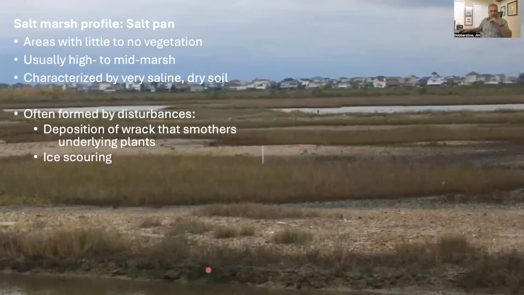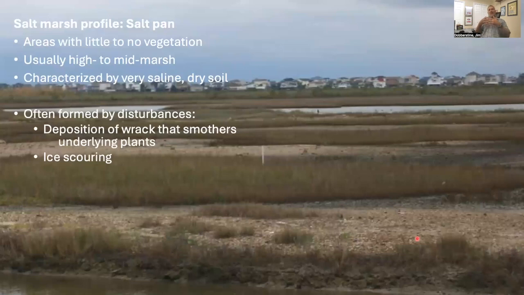If you look at these areas of open soil, and these tend to be sandy soils in many instances, again, low vegetation. This is usually high to mid-level marsh, on the lower elevation side of the high marsh, and it's characterized by very dry and saline soils.